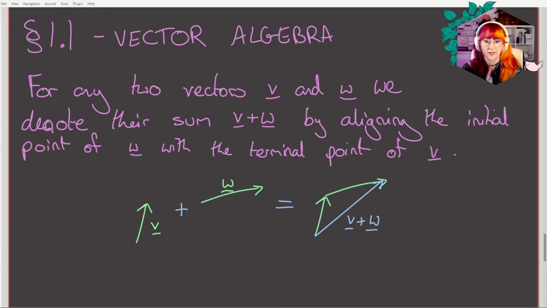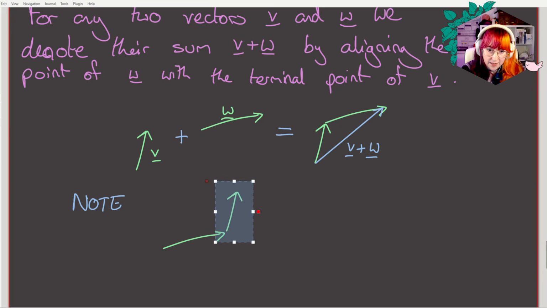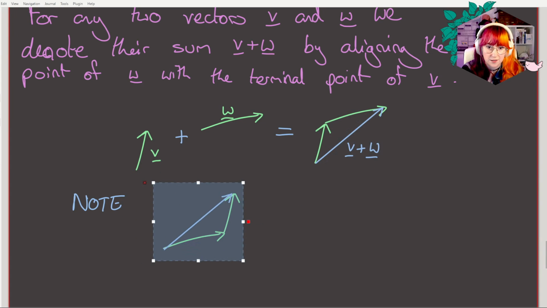And it's worth noting that this is equivalent to doing it the other way around. So I can move along W and then move up V. And I can hopefully do this by just copying and pasting as a visual proof. If I then pull this arrow in space, it should be nearly the same.